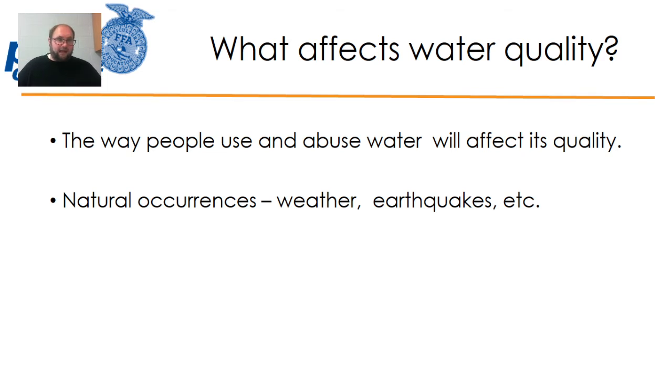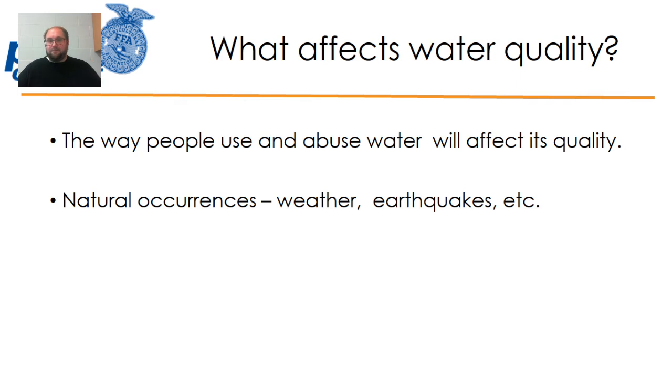Humans make mistakes and cause erosion. We accidentally add chemicals to water, may not filter it properly. We may dispose of nasty things inappropriately, and that causes pollution, which can affect water quality.